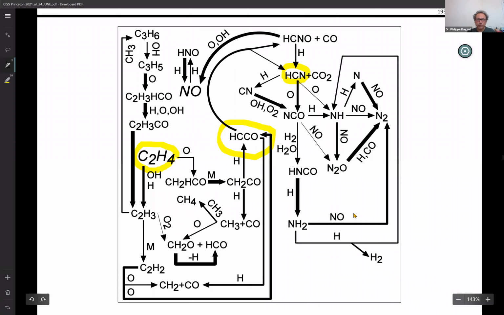NH2 can react with NO. We saw that with ammonia already, and it gives N2 here. And NH produced from NCO or from HCN can react with NO to form N2O, but also to form N2. So these are the main pathways that we could figure out when we were dealing with this chemistry.